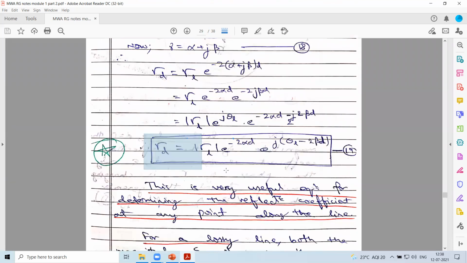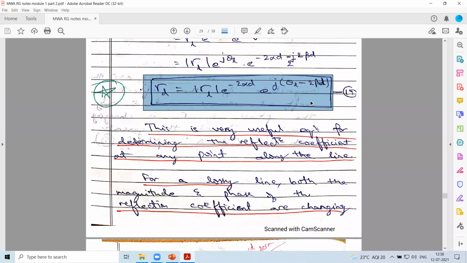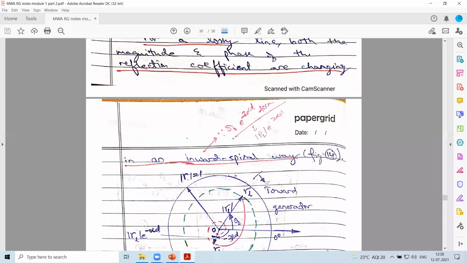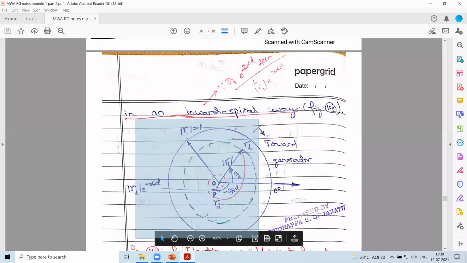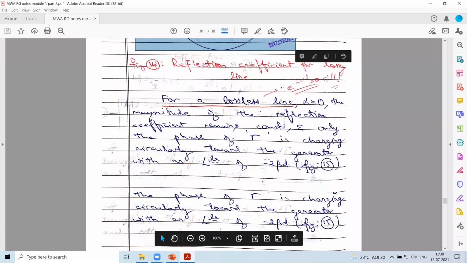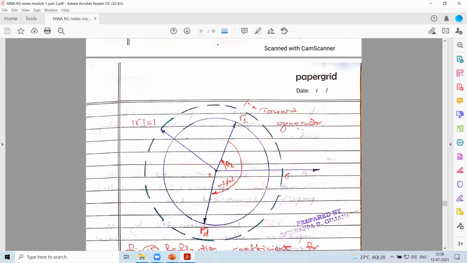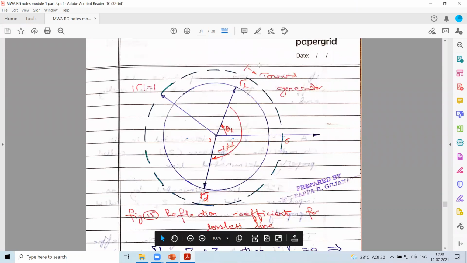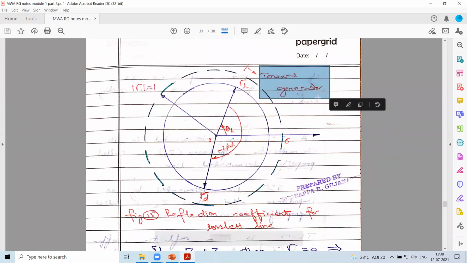When we represent these equations in terms of the circle representation, we can see that each represents a circle. If you plot those circles, this is what you will be obtaining for these representations. These are just a few representations which are specified. Here you can see that we are moving towards the generator. If I move at the other end, I'll be moving away from the generator.